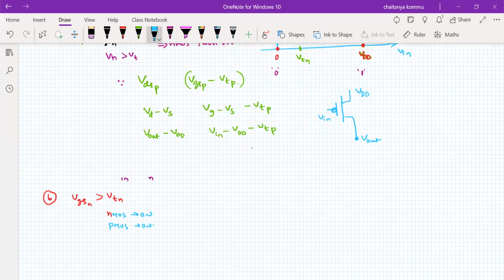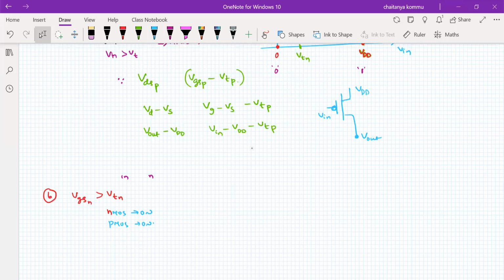Okay. What is the condition here now? Whether it is less or greater? As you can see here, both will get cancelled, VDD will get cancelled. But before cancelling all these things, let us put in the values.